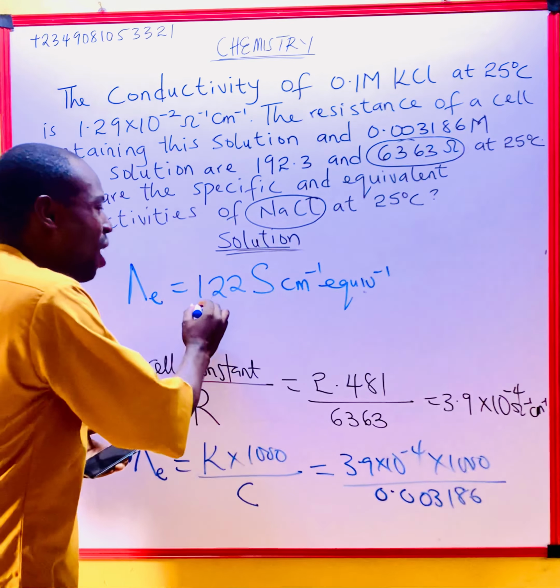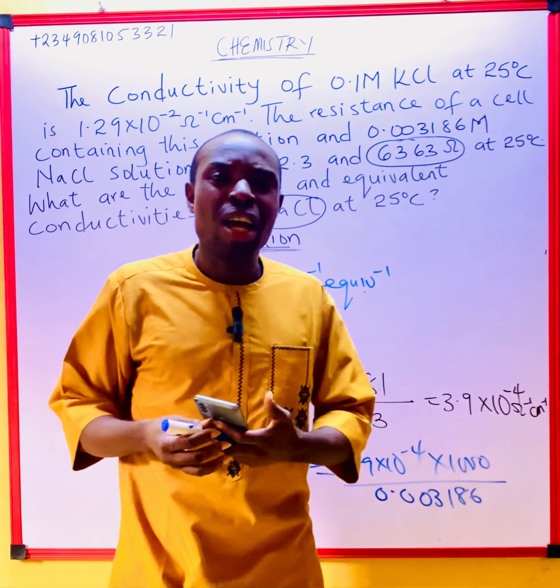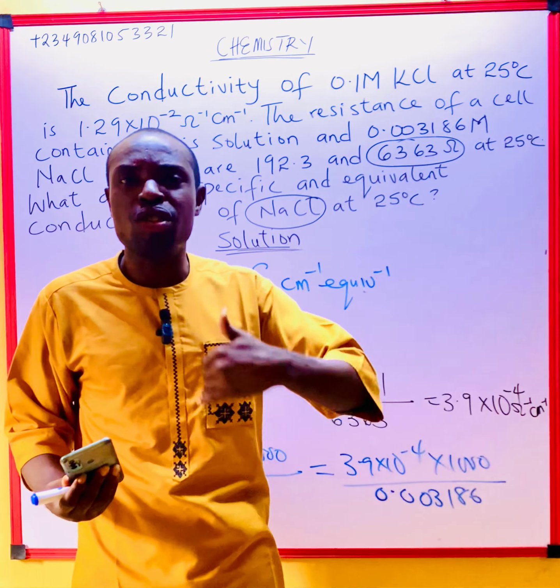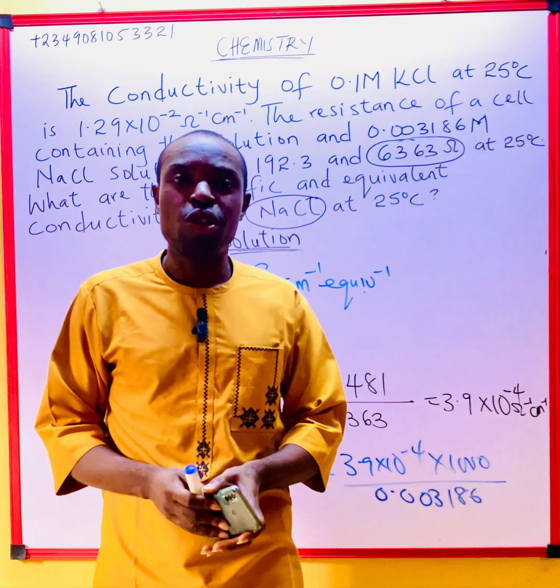So this is the final answer to this question, and this marks the end of this first part. In the next video, we'll talk about other parts. Thank you and God bless you.